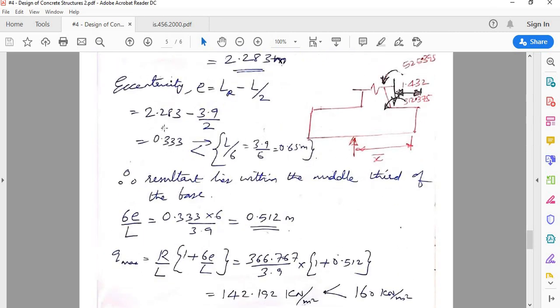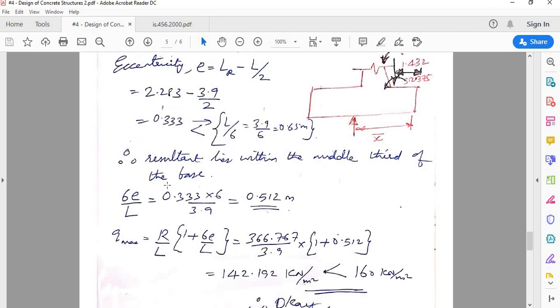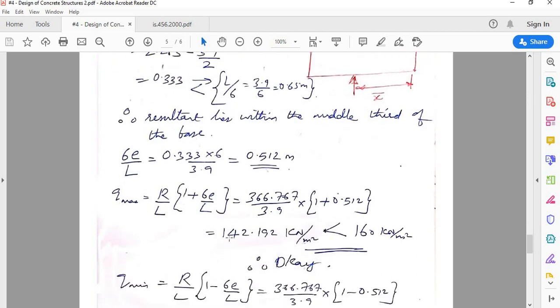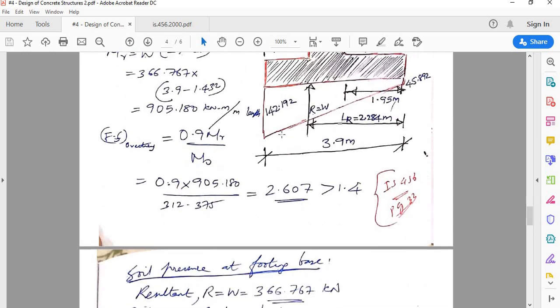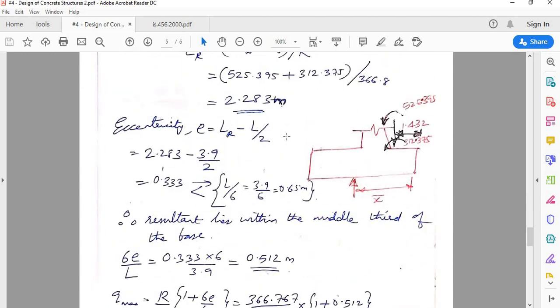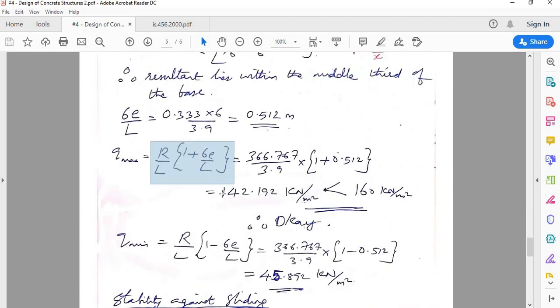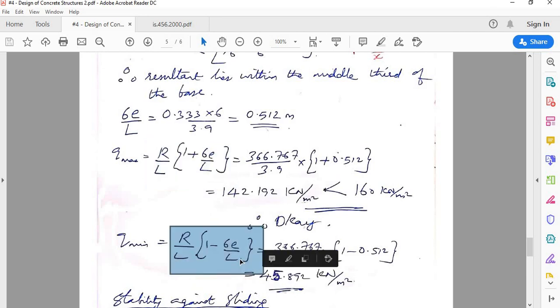So with eccentricity ready, we can calculate the minimum and maximum stresses. It will be a triangular distribution like this, trapezoidal, sorry. We have to calculate maximum and minimum. These are the formulas. Again, I am assuming you already know this. If you don't know this, please let me know.